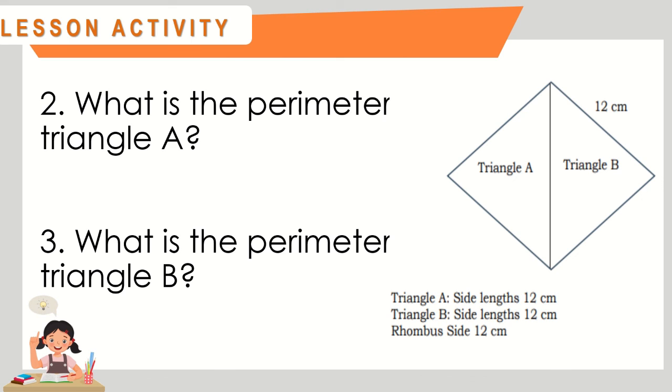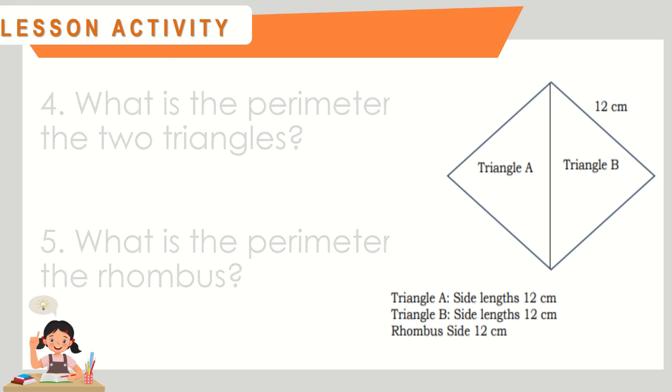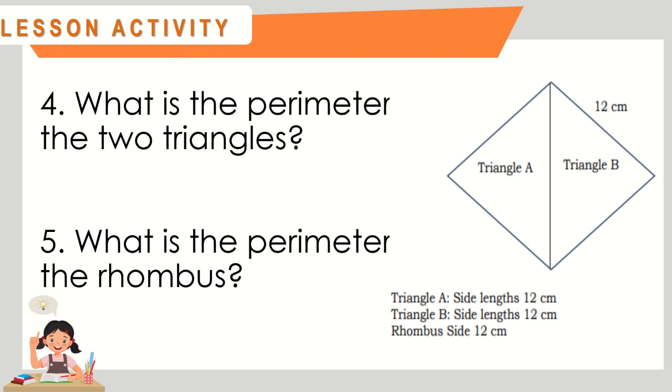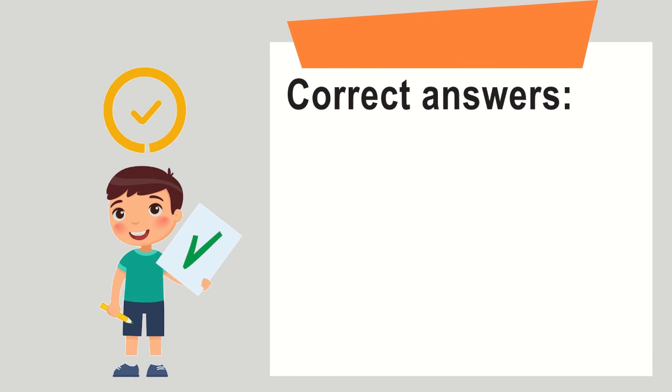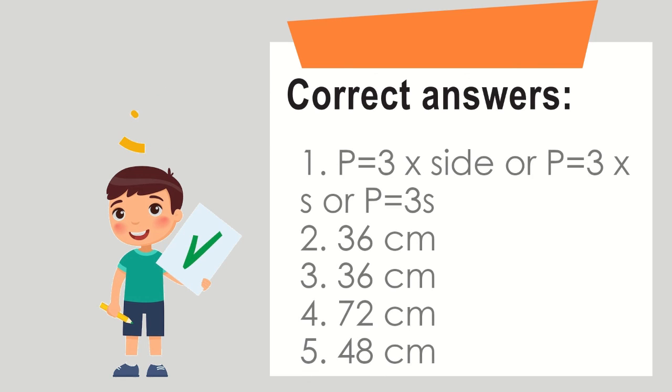Number 3. What is the perimeter of triangle B? What is the perimeter of the two triangles? What is the perimeter of the rhombus? Here are the correct answers.